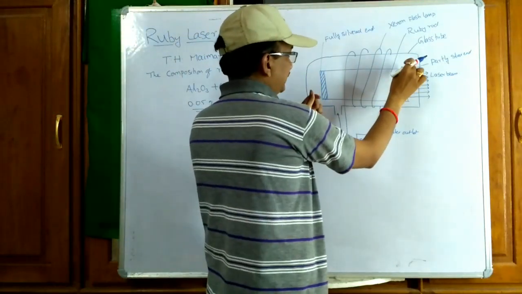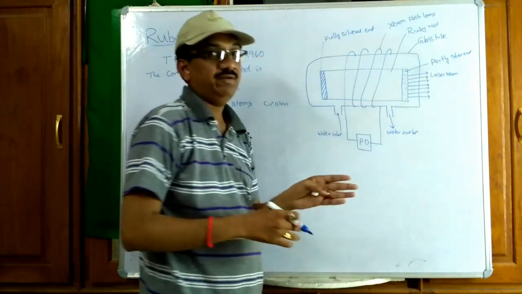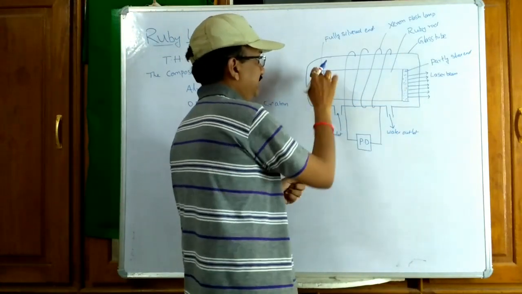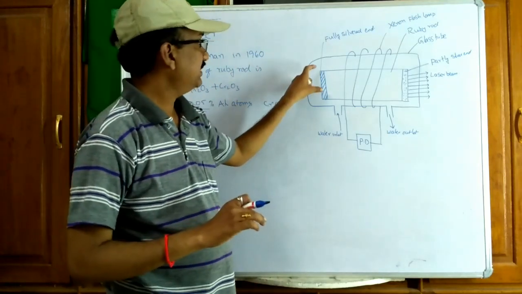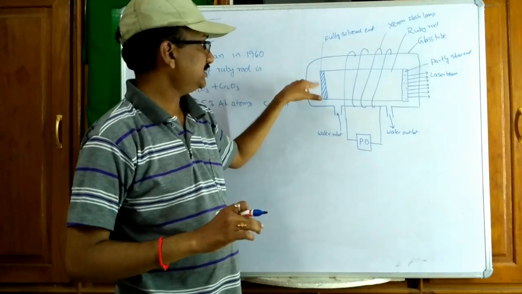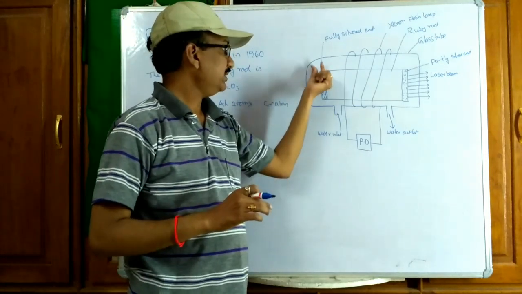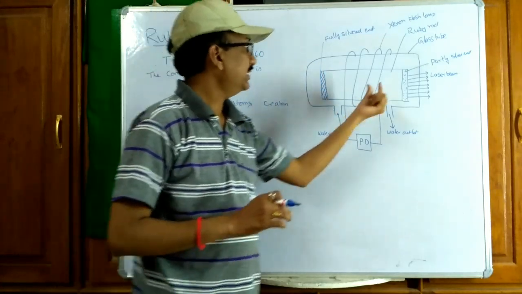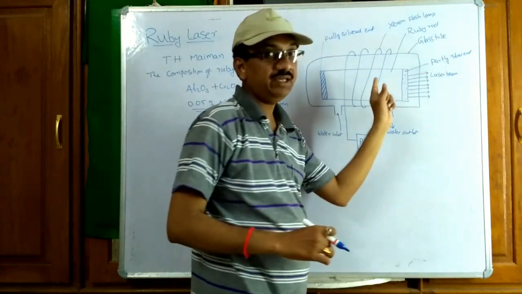The ends of this rod must be flat. This end is coated with silver, completely silver like a mirror, and this end is coated with silver but only partly coated.